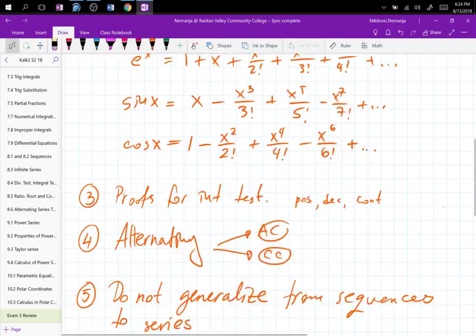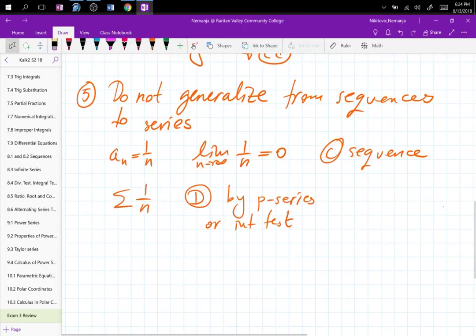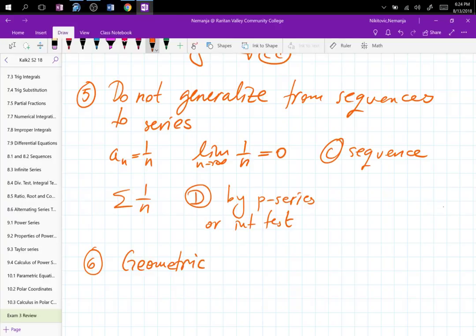So that's that. Number 6. Geometric series start at 0.